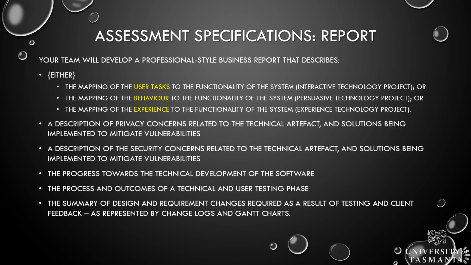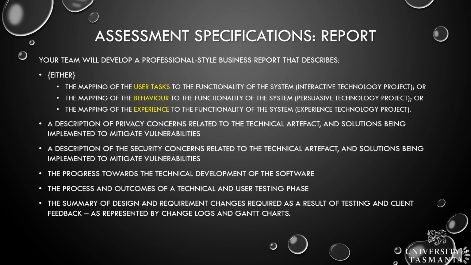In addition to that mapping, you are also going to be providing a description of the privacy and security concerns related to what you are creating. You're going to be exploring things like what data you are collecting, where the data is being sourced and hosted, who's seeing the data, and what kind of security vulnerabilities are likely to come about because of the thing that you're creating for a client and a set of users. So it's about recognizing vulnerabilities, reporting those, and then creating a mitigation strategy.